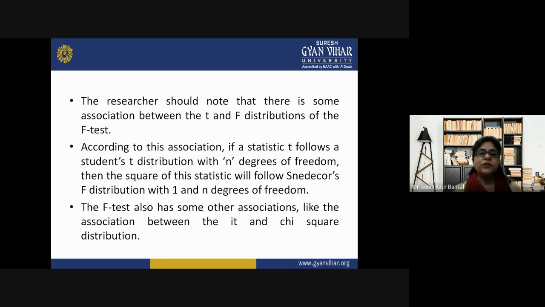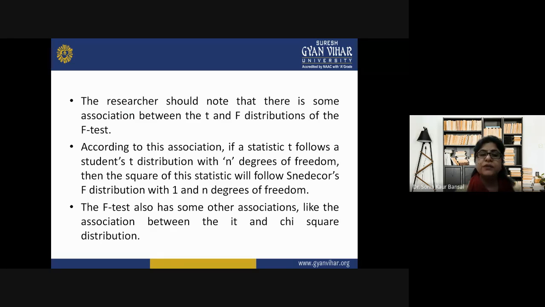Now, another use: the researcher should note that there is some association between the t and F distributions. So there is some association between the distribution when you see the t-test and when you see the F distribution.